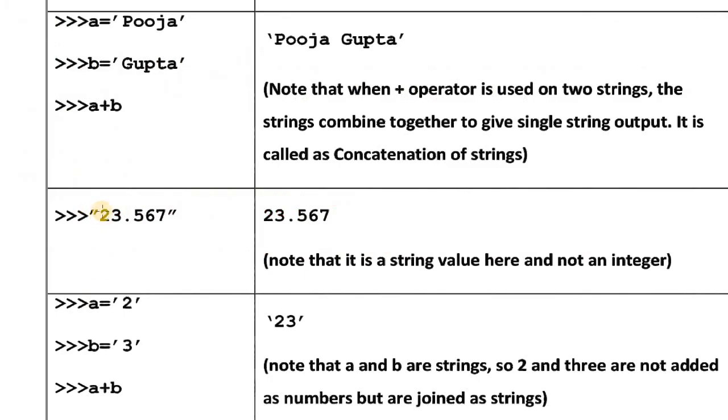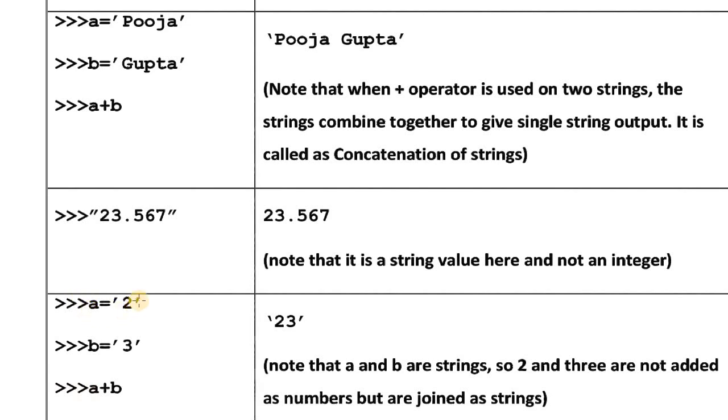Next, if I write "23.567" within double quotes, then the result will be just this output 23.567, but you have to remember that this is a string value and not a number. Next example, A is equal to '2', B is equal to '3', and A plus B here is not 2 plus 3, 5, but just '23', similar to the Puja Gupta case.